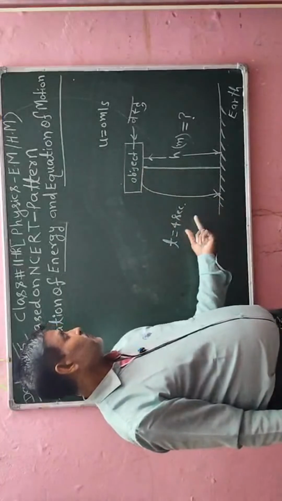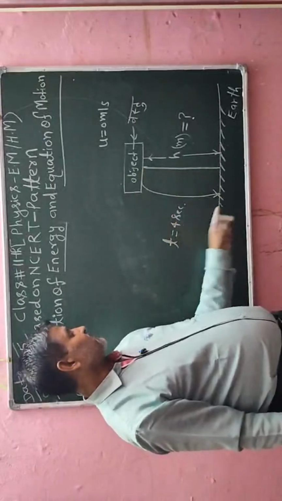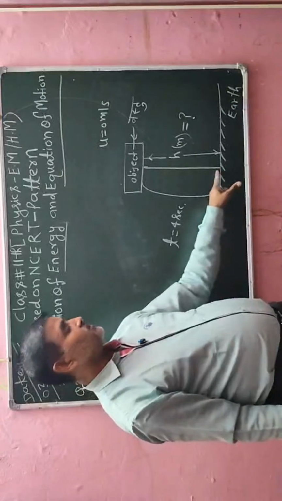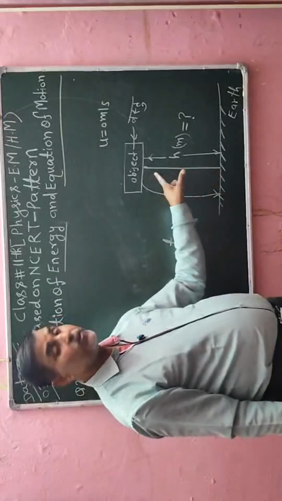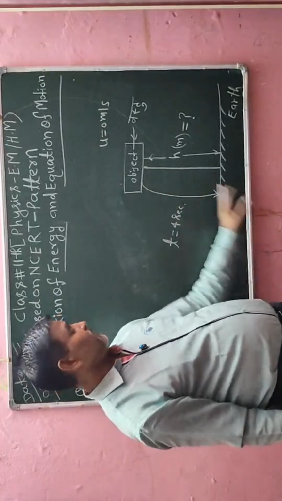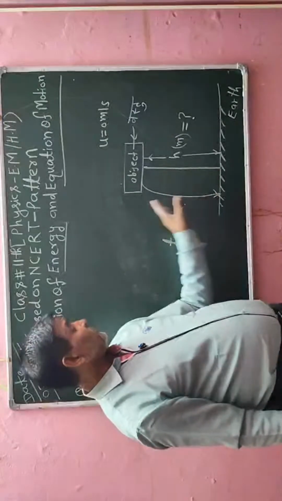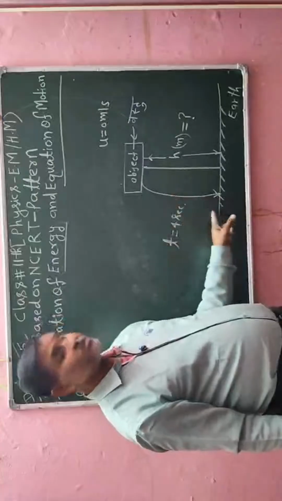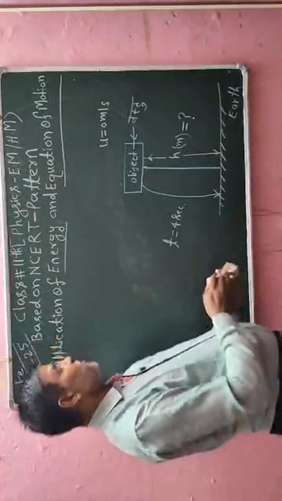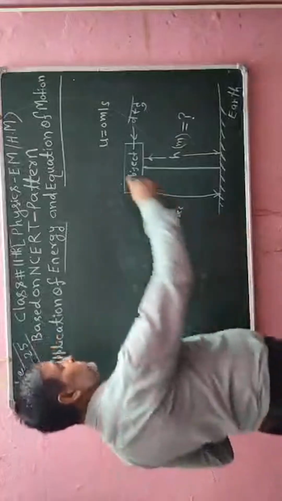In this case the object will take 4 seconds to reach the bottom of this tower, which in Hindi is called minar. So it will take 4 seconds to reach the surface of the ground. So initial velocity will be 0.